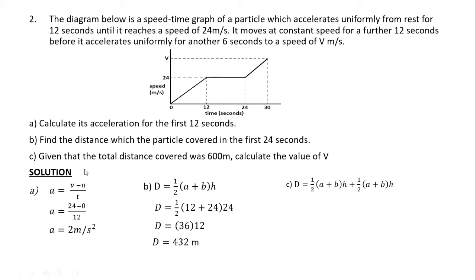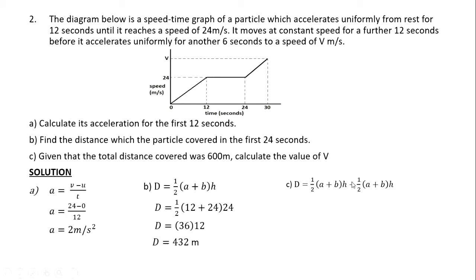Given that the total distance covered was 600 meters, calculate the value of v. So here we have two trapeziums. The first one, which was covered in the 24 seconds, and the next trapezium is from 24 to 30 seconds. For the first one, the distance has already been found as 432, so we'll replace the 432 there.